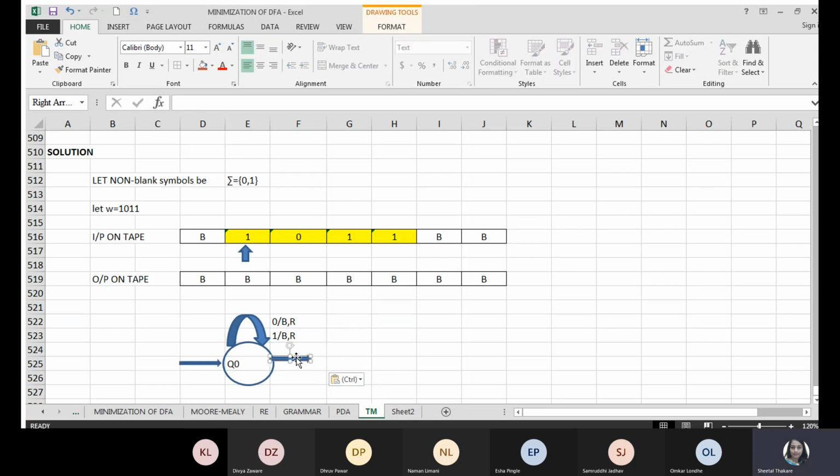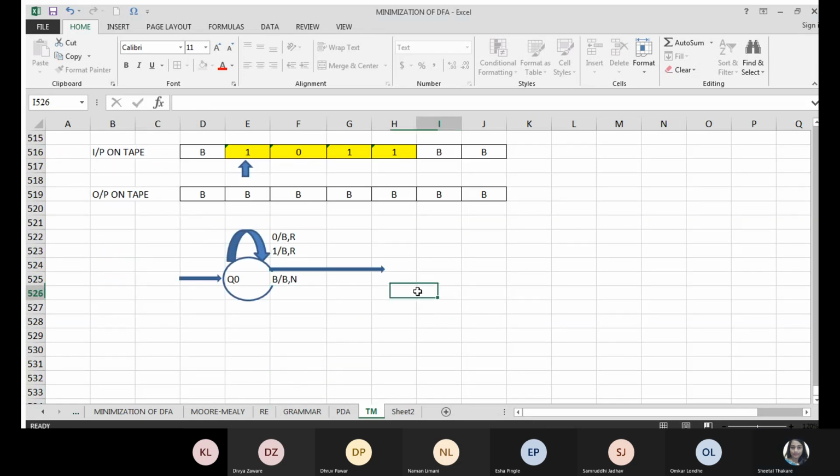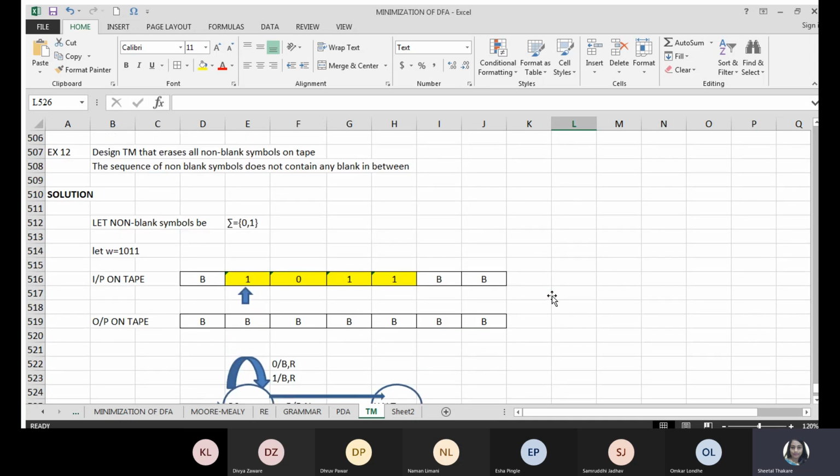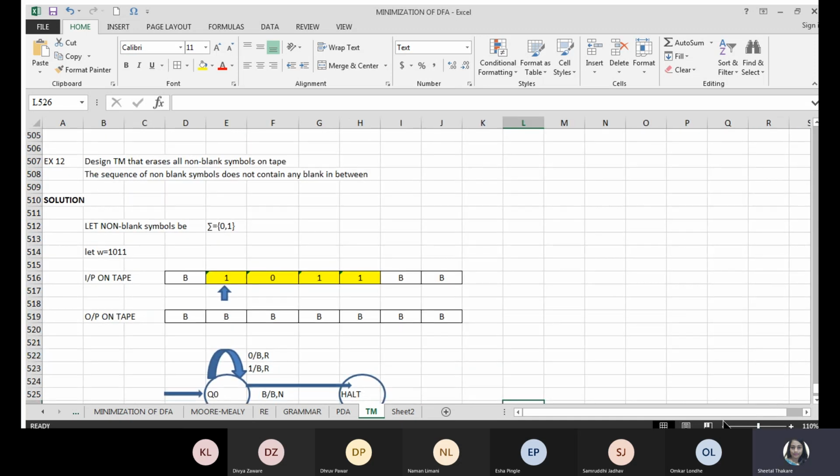As the blank symbol is encountered, it's B. So if it is B, let it be B, perform no action, and you go to the accepting state, which is called halt. So this will be the Turing machine for the asked sum.